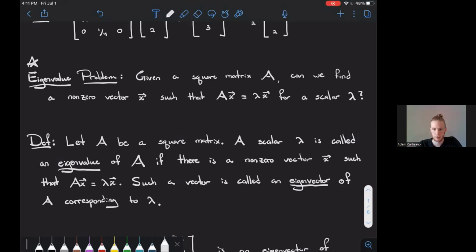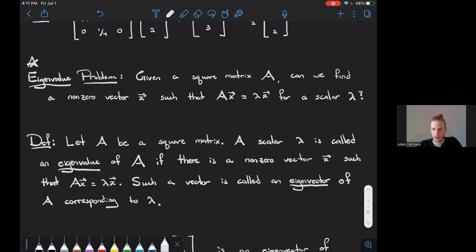Just some etymology. It's eigen, E-I-G-E-N. That's from the German word to own or something like that. So we don't capitalize it. It's not named after a person. It's like a special vector. Think of it that way.